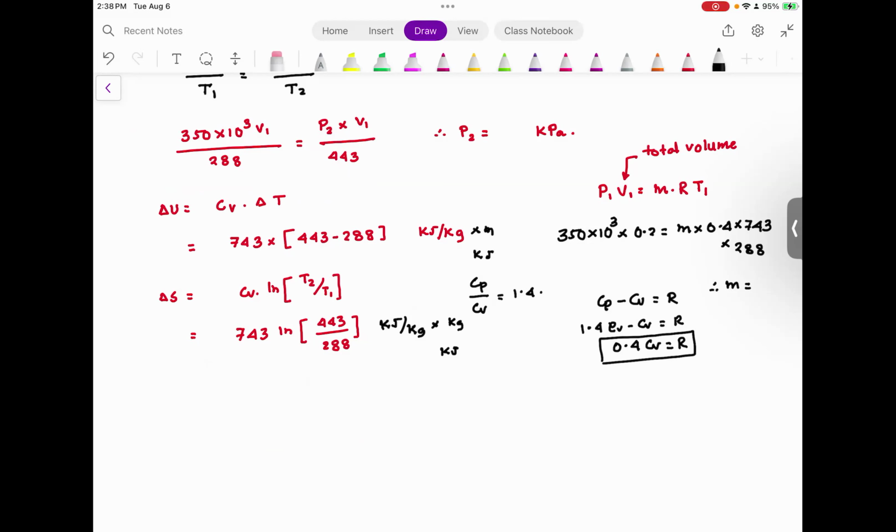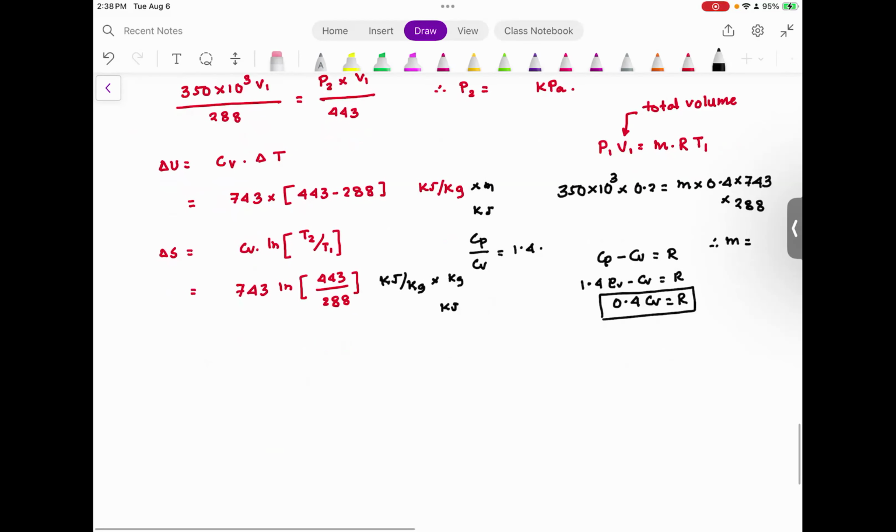Okay. Next problem. Example 4.4. Okay. In an experimental determination of specific heat of air at constant pressure.